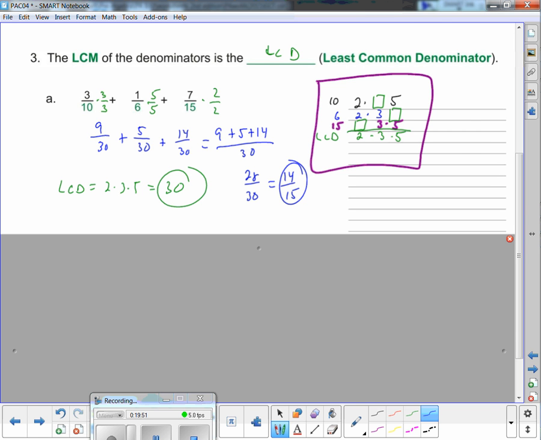Can you make each of the bottoms a 60? Yes. 6 times 10, 10 times 6, and 4 times 15. Is 120 a common denominator? Yes. There are a lot of common denominators, but the best one to use is the lowest common denominator, which comes from the least common multiple. And that's why this is valuable.